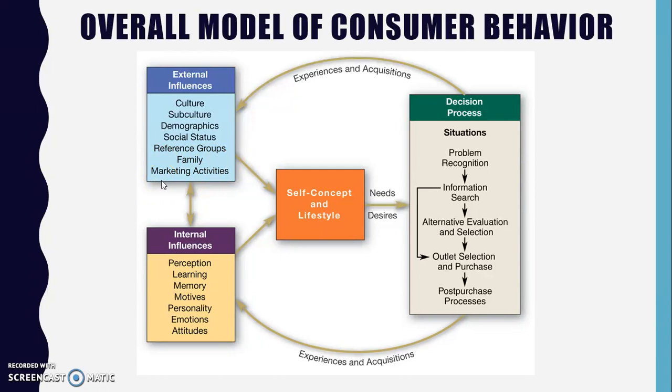So this is why marketing strategy is really important for consumer behavior, because it is part of external influences. External and internal influences can create a self-concept and lifestyle, which will be different for each consumer, and based on their needs or desires, can create a different decision process also. We will talk about the decision process after midterm.